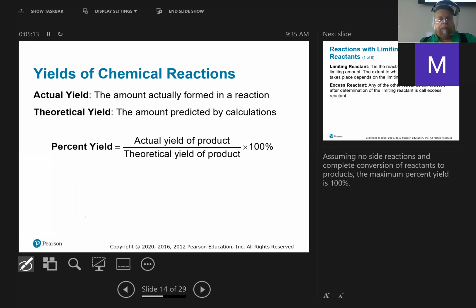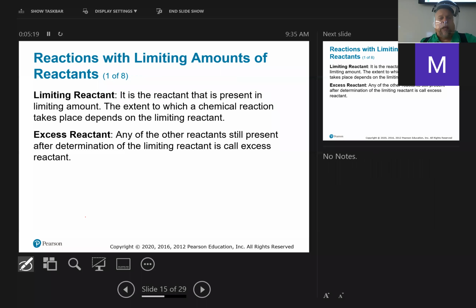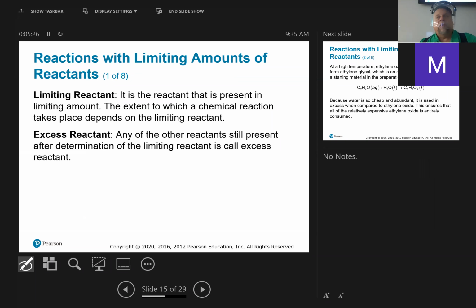The amount predicted by calculations is the theoretical yield. So the actual yield divided by theoretical yield is the percent yield. And the limiting reactant is a reactant that's present in the limiting amount. That's essentially when you have 4 hot dogs and 2 buns, the buns are the limiting reactant. The excess is the other one, and it's left over.